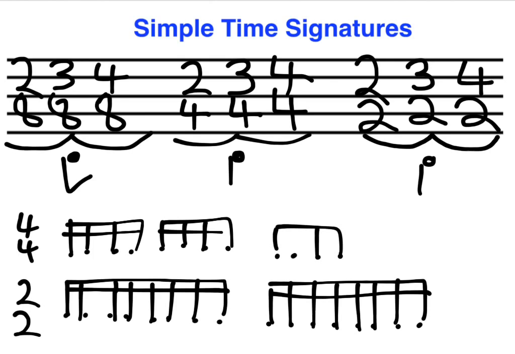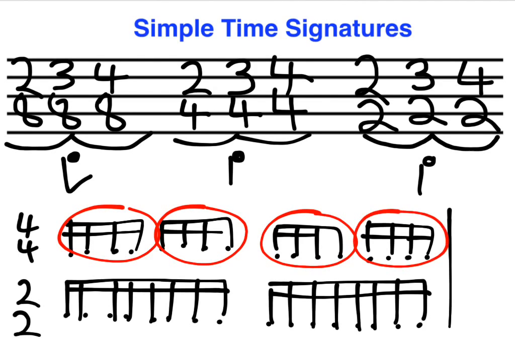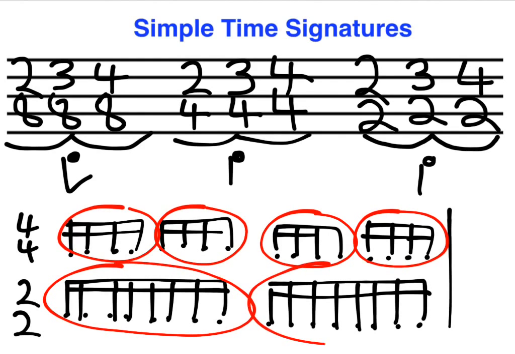There's the third group, 1, 2, 3, 4. So there's your 16 semiquavers in 4/4. So notice the difference between 4/4 and 2/2. In 4/4, we're grouping according to crotchet beats, so there's going to be 4 crotchet beats in a bar. And in 2/2, we're grouping according to minim beats, so there's going to be 2 minim beats in a bar.